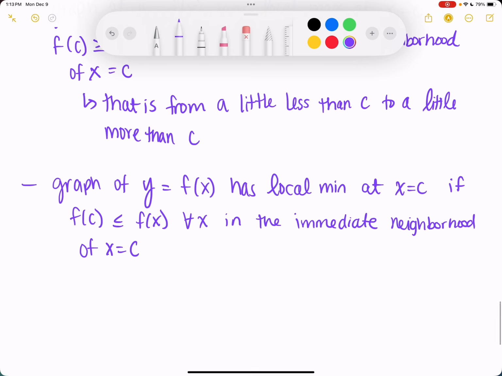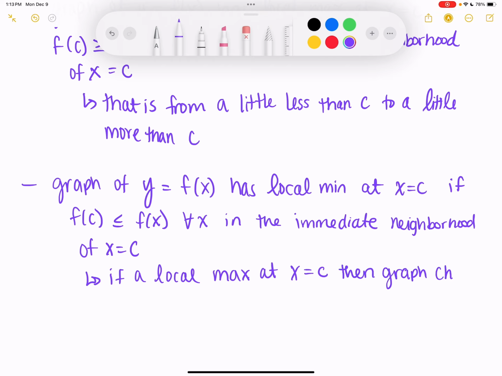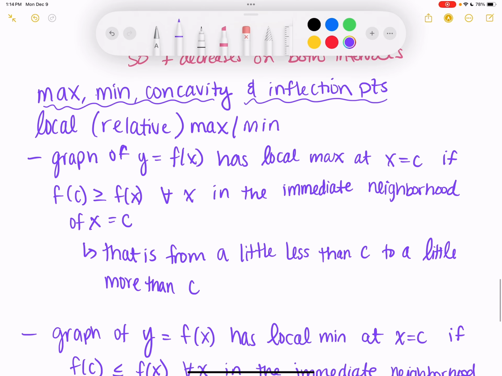If there is a local max at x equals c, then the graph changes from increasing to decreasing at x equals c. Okay, now that one I can get behind.